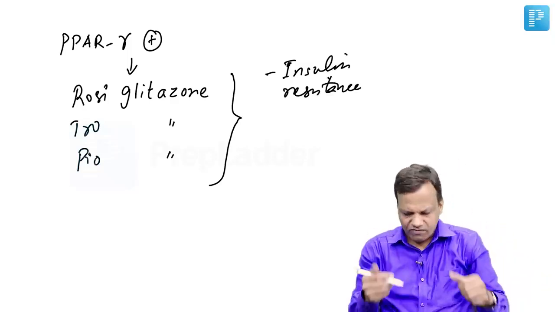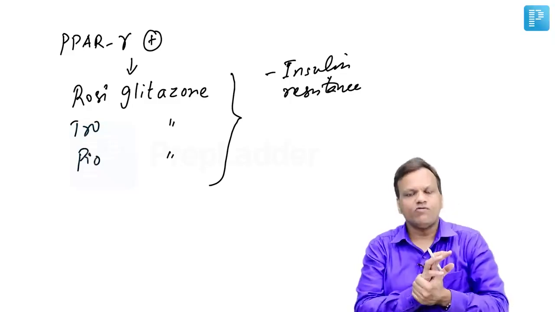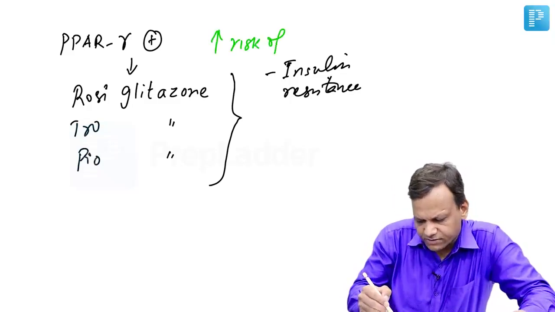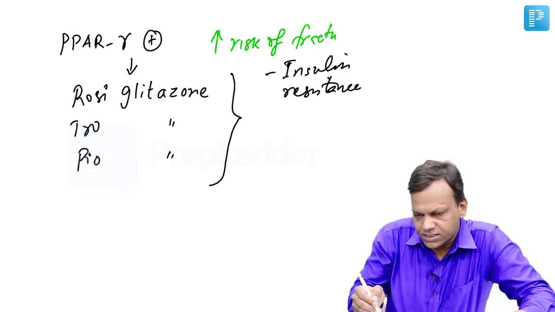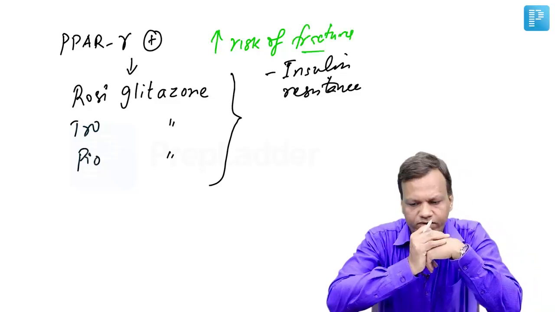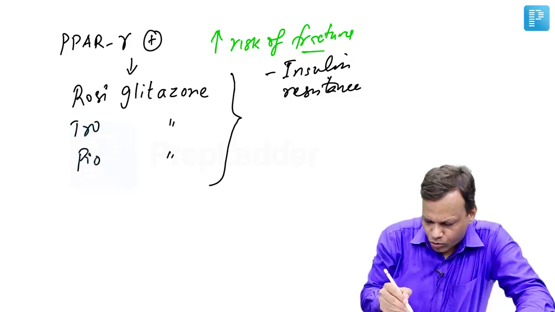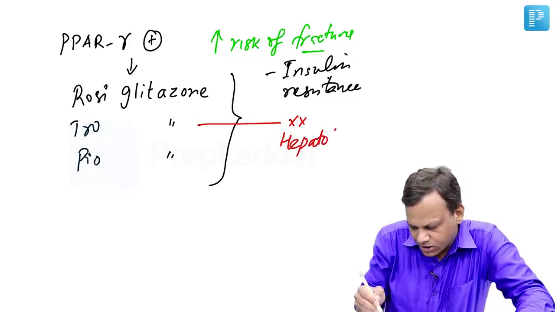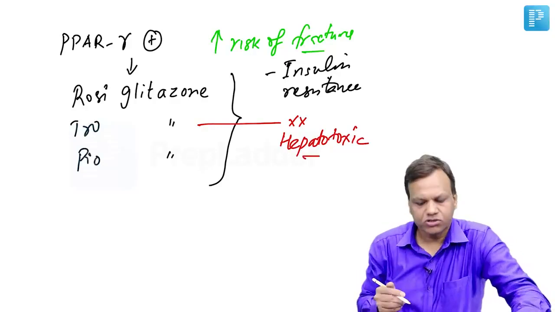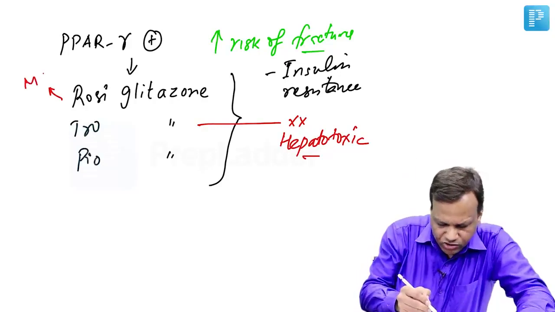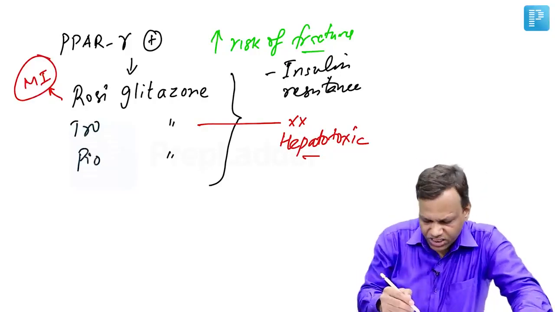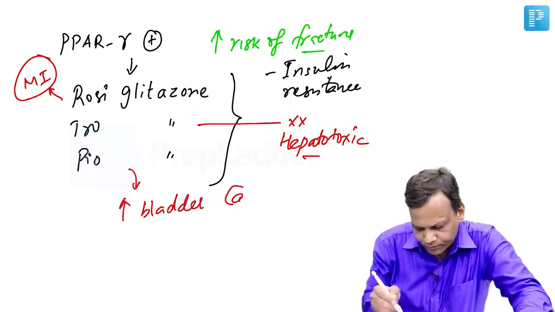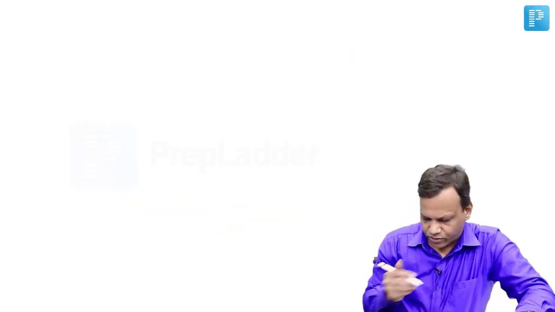Now, glitazones have one important problem: with long term use, they have been associated with an increased risk of fractures. Troglitazone has been withdrawn now because it was highly hepatotoxic. Other glitazones can also cause hepatotoxicity. Rosiglitazone increases the risk of myocardial infarction, whereas pioglitazone increases the risk of urinary bladder carcinoma. So that is about glitazones.